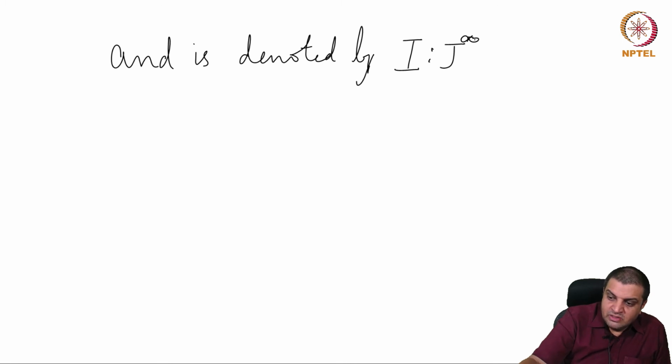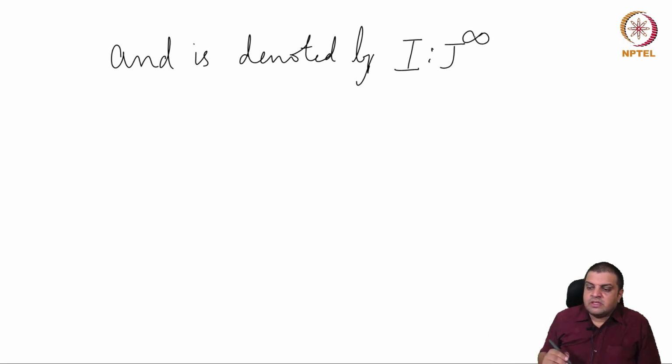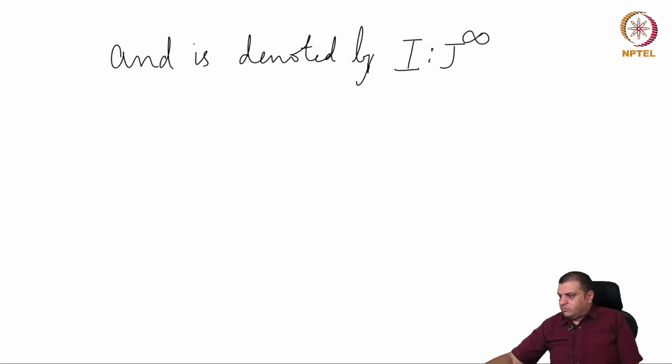Suggestive notation. This is what happens when you take increasingly higher powers of J and it goes to infinity. And it stabilizes after a while.